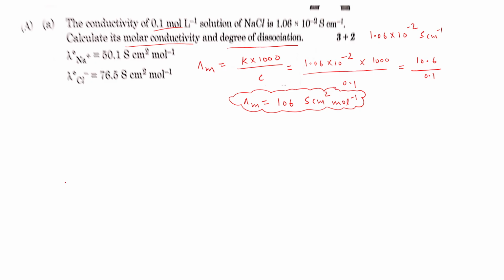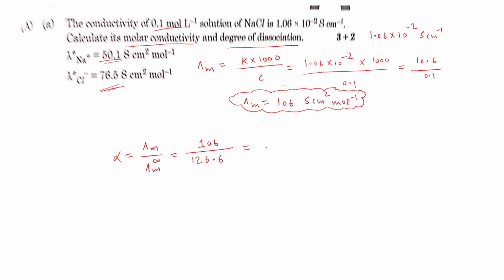Now we have to calculate the degree of dissociation. The expression for degree of dissociation alpha is lambda m by lambda m infinity. We just calculated lambda m, it is 106. Lambda m infinity can be calculated by adding these two values, 50.1 plus 76.5, which comes out to be 126.6.